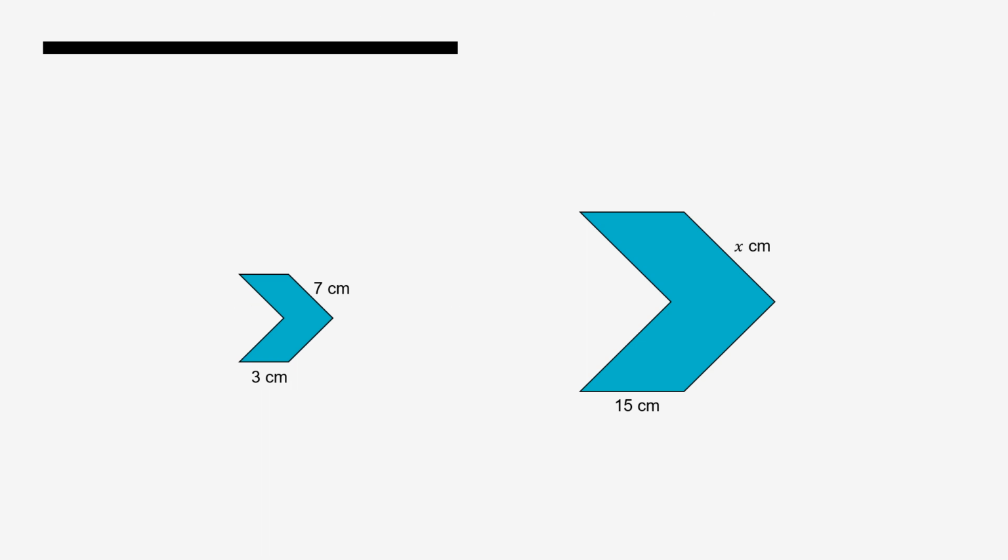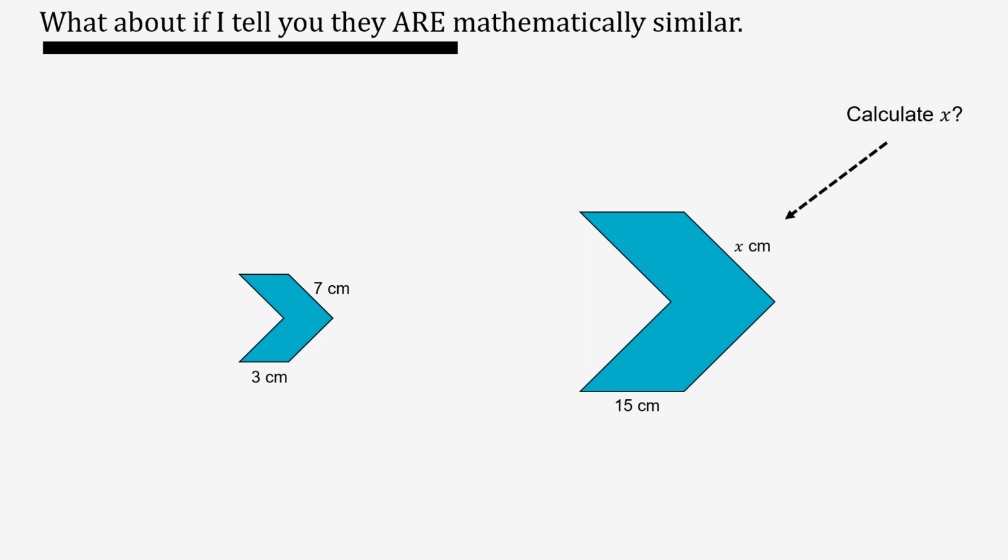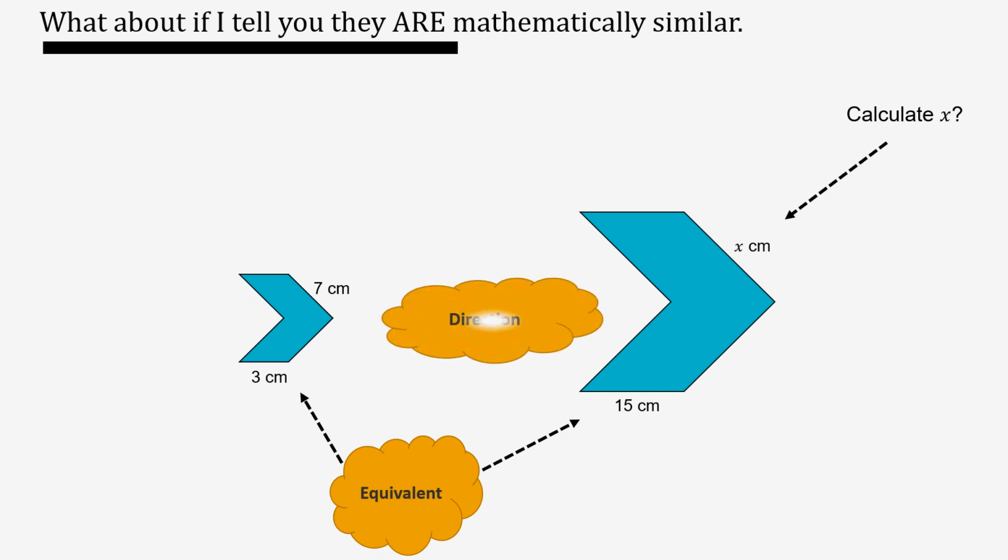So to understand why they are mathematically similar, first we need to calculate this x. Now to calculate the x, first we need to understand the following points. The first one is to identify the equivalent, and equivalent means there's something to work with. In this figure, we've got these two, which we can work on. Second, establish the direction, which way we're going: is the shape getting bigger or smaller?